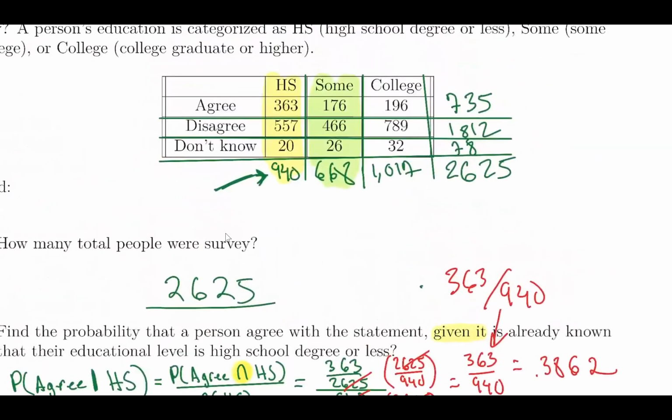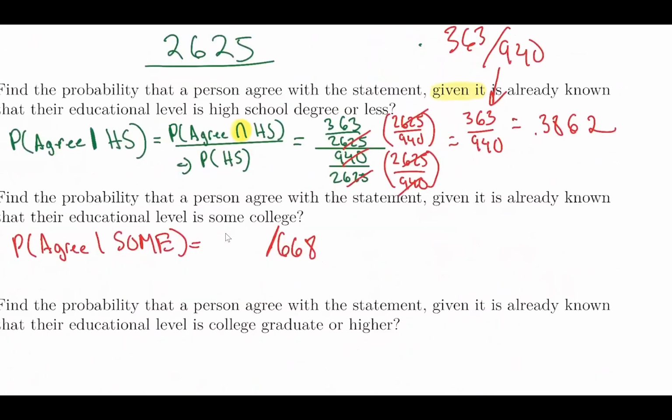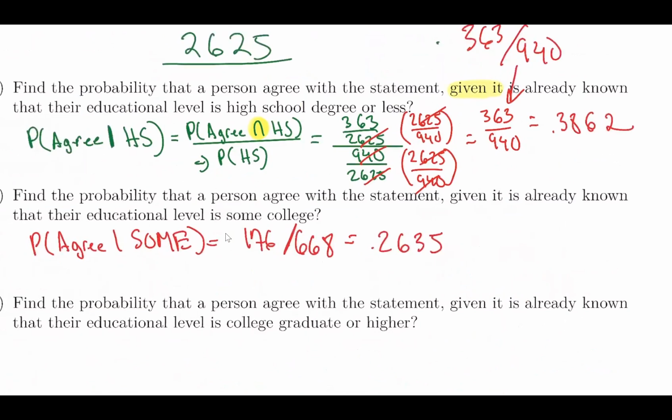Of those 668 people, how many of them agree with the statement? 176, perfect. So if I do 176 divided by 668, you get 0.2635. And we're done for C.